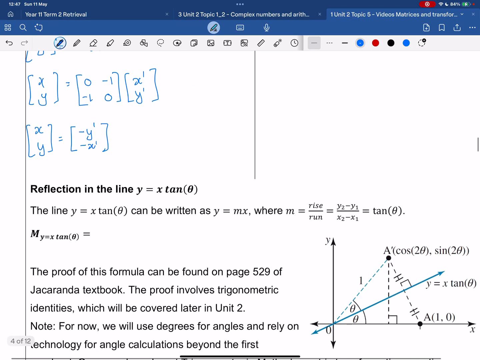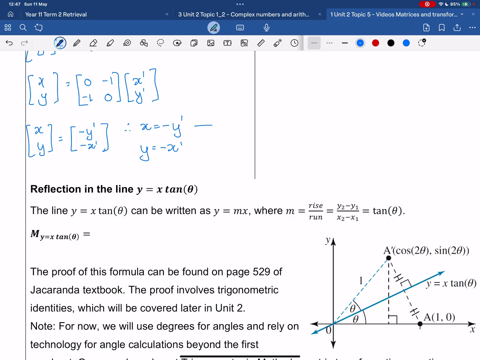And very similarly to what we did with our translation matrices, we're now going to create two equations that we're going to use simultaneous equations for. So I can say, therefore, x is equal to negative y primed, and y is equal to negative x primed.